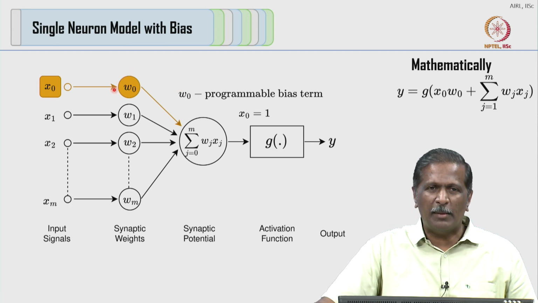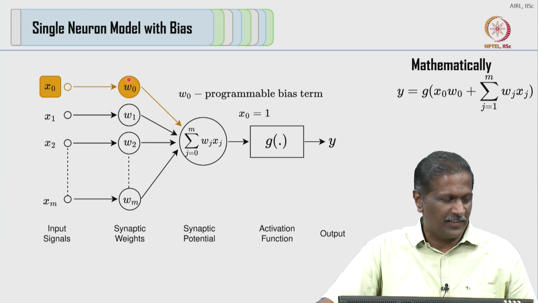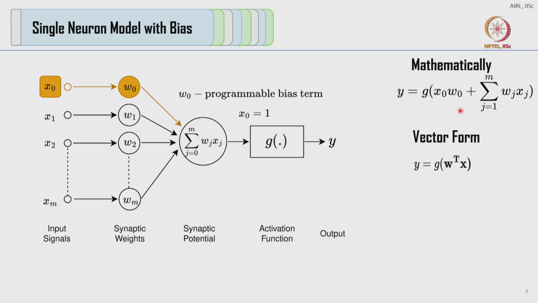You can update the bias in a way that the network can handle the data variations. We will talk about it in the next slide. In vector representation, y equals g of w transpose x. The dimension of w is m plus 1, and the dimension of x is also m plus 1 cross 1.